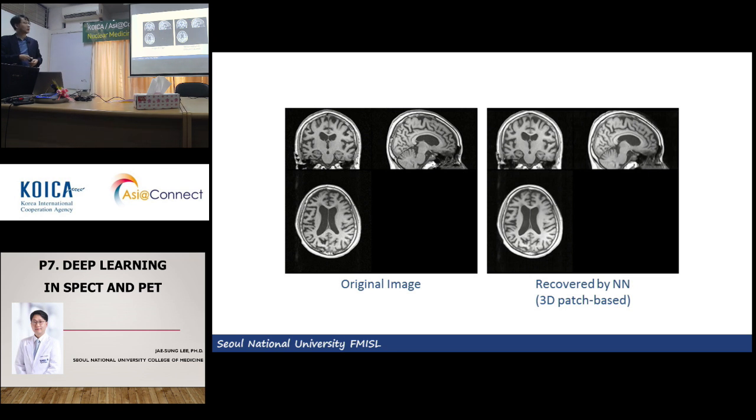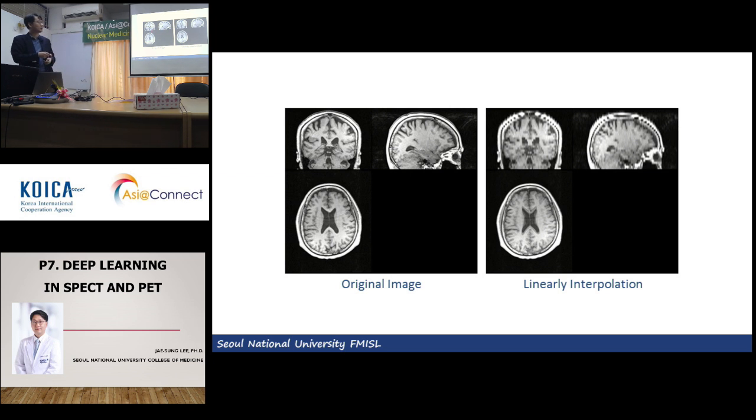We can also see that the noise level in the right image is lower than in the left one. So we can simultaneously do super resolution and denoising of the MR images. This is another example. This is 3D data, this is linearly interpolated data from the 2D MR, and this is the deep learning outcome.